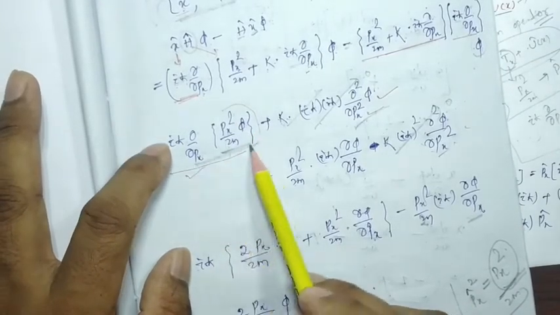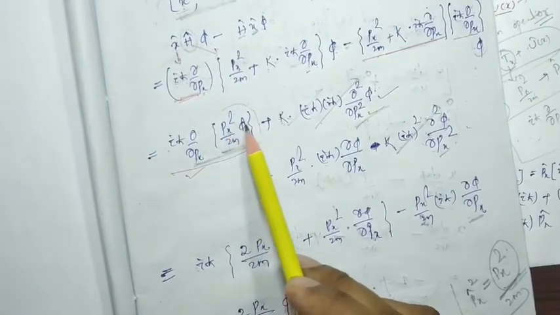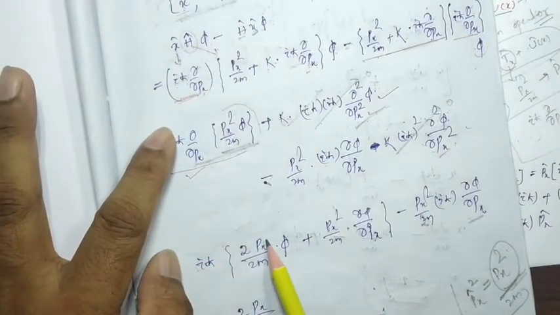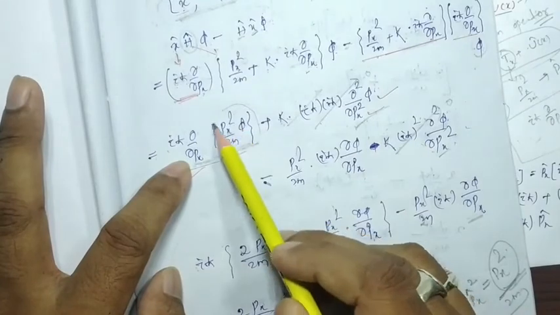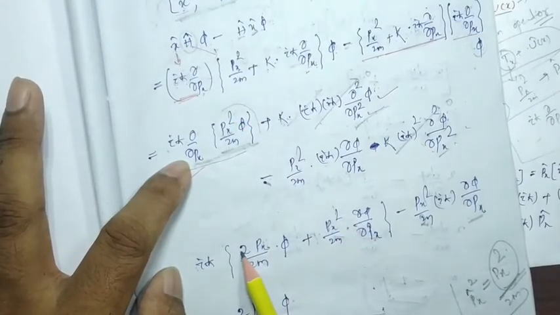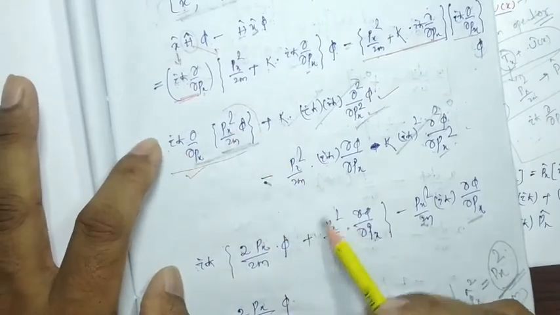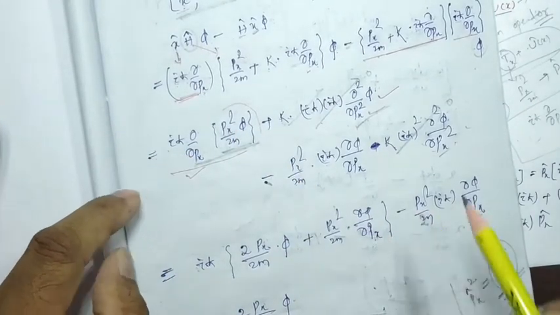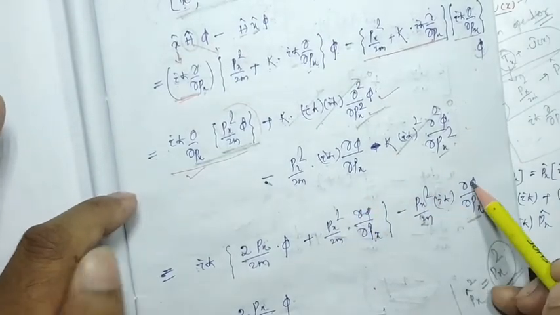Here you can apply the derivative over these two functions. What do you get? First you derivate px square, so it will be 2px by 2m and phi, plus px square by 2m into ∂phi/∂px, minus this term, px square by 2m iħ ∂phi/∂px.